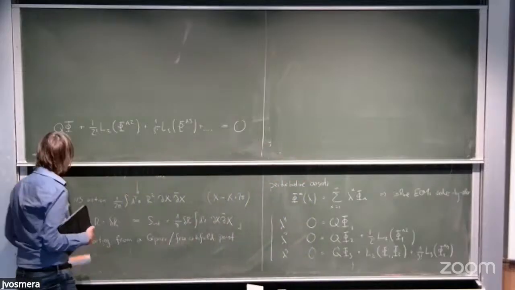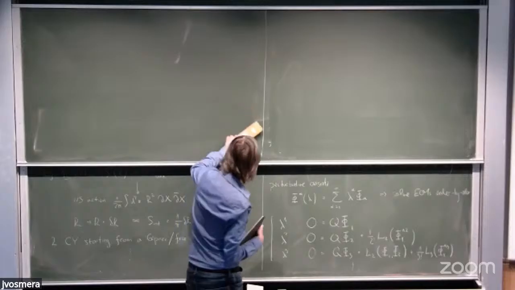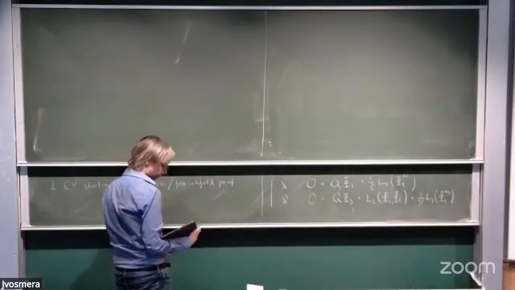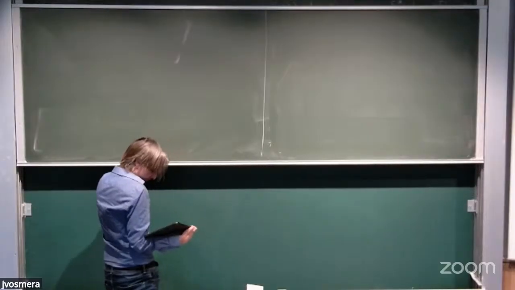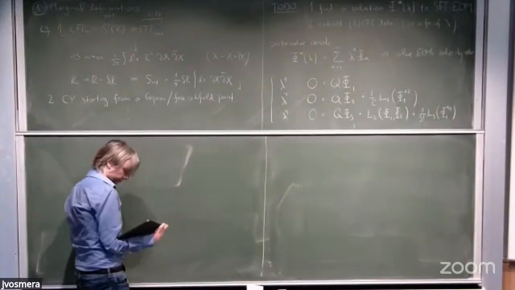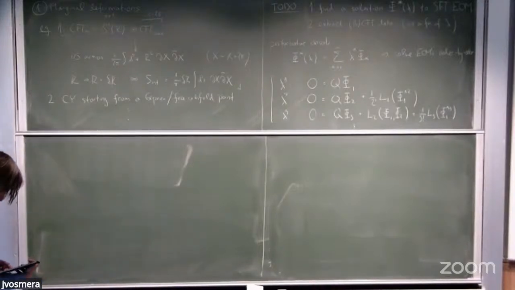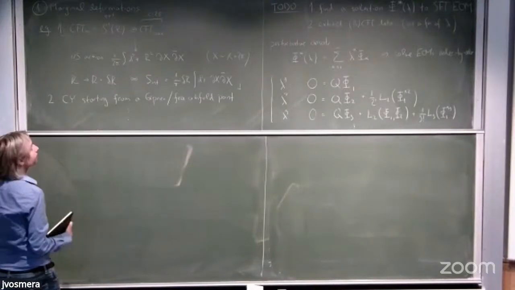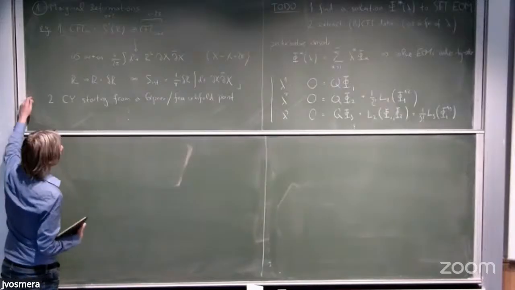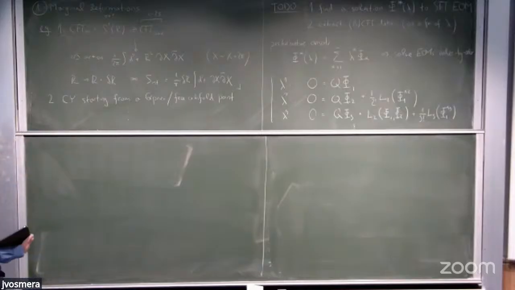So then we have to go through these conditions order by order in lambda and ensure that they are solved. So this will be our first example of actually a solution of string field theory.